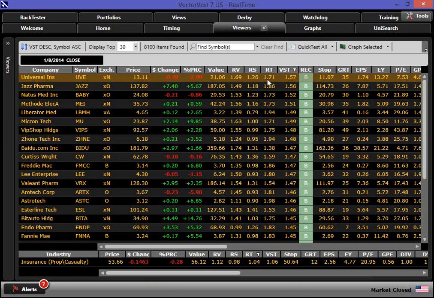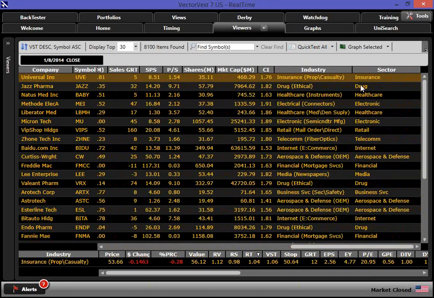These 3 indicators are then combined into our master indicator called VST: value, safety, and timing. We combine them mathematically, and I won't go into that. The important part is that the VST score gives us an apples-to-apples basis to compare stocks with very different prices that are in very different industries.